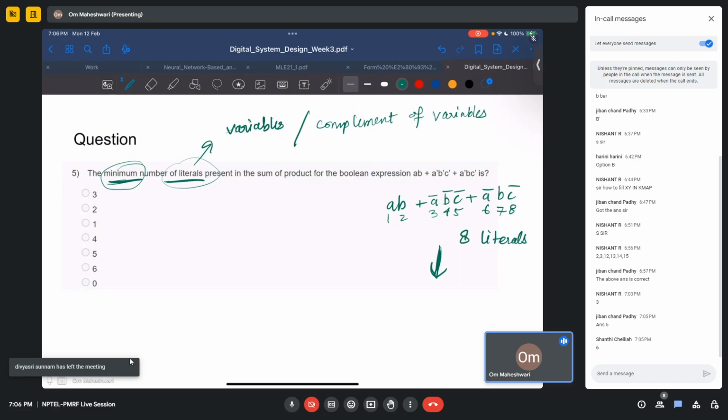Please also write what minimized answer you are getting. Nishant, Jivan and Shanti, can you please write what minimized answer you are getting when you minimize this AB plus A bar B bar C bar plus A bar B C bar?